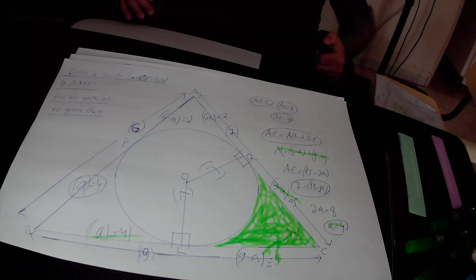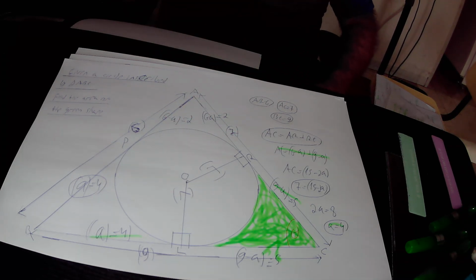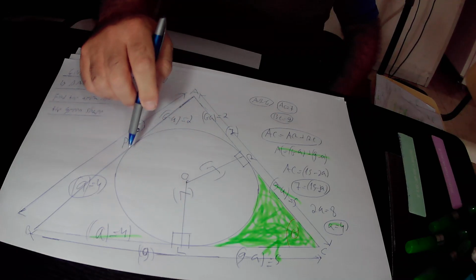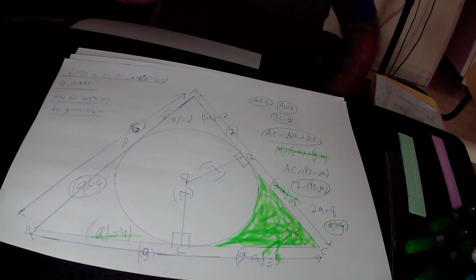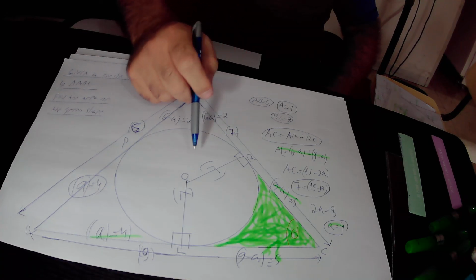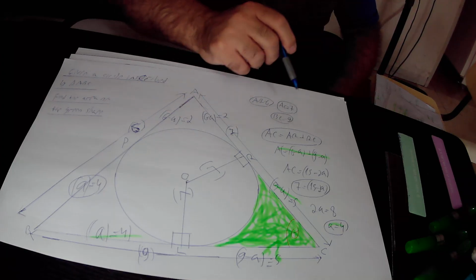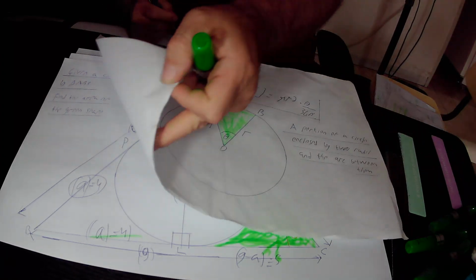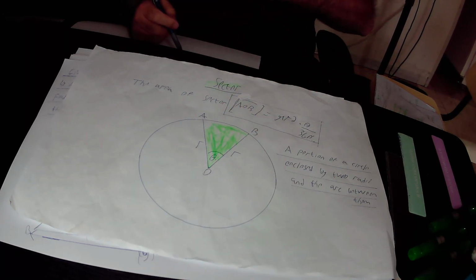What is a sector? It's a sector OQL. Sector OQL is a portion of this circle that is enclosed by 2 radii and the arc QL between those 2 radii. And again, the green shape AOB is a sector.